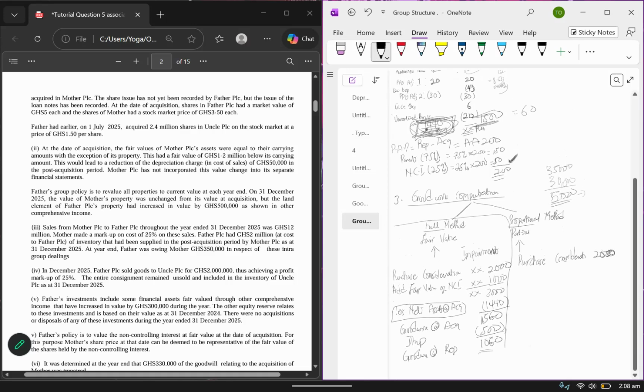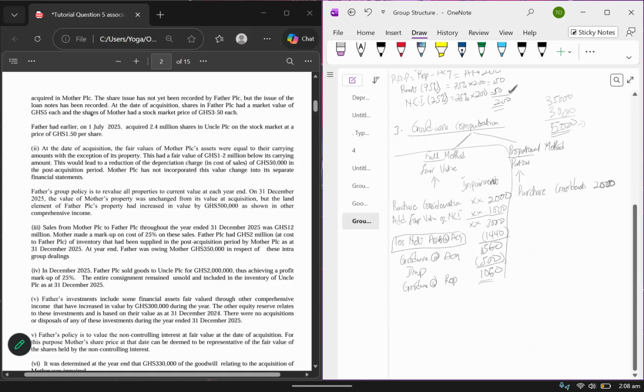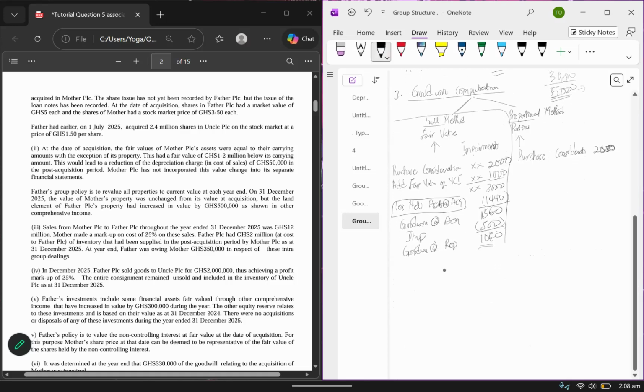We are acquiring 75% of this. Okay, so the 75% of 1,440 is what? 1,080. Okay, so if the 75%, let me write that here. 75% of net assets.